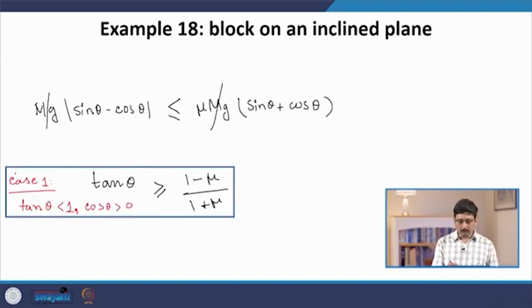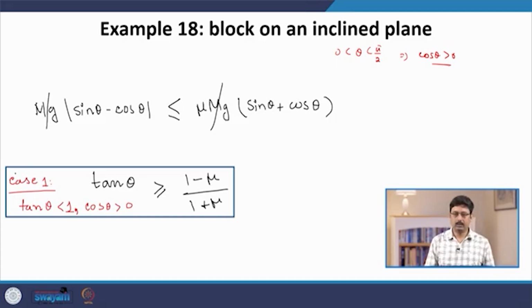Now we can simplify this further. First we have to remove this magnitude. There are two cases we will consider. First, let us assume that theta is less than pi by 2, the 90 degrees. In that case cos theta is positive, but when we remove the magnitude, sin theta can still be greater than or less than cos theta.